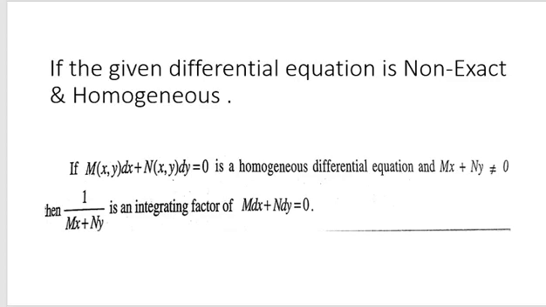The first method in solving a non-exact differential equation consists of the homogeneous condition. That means you have to check whether the given differential equation is exact or not in the first step. If it is non-exact, then in the second step you have to check the homogeneous condition, that means each term in M and N are of the same degree or not. Then in the third step, you have to check Mx + Ny is not equal to 0 or not.